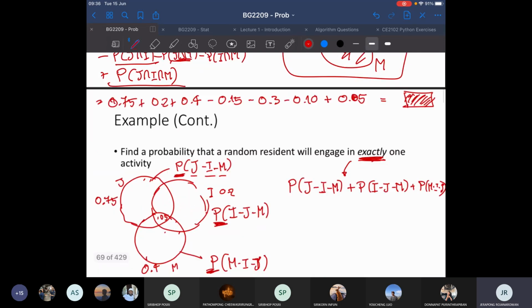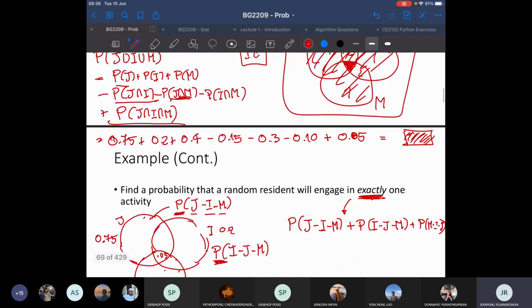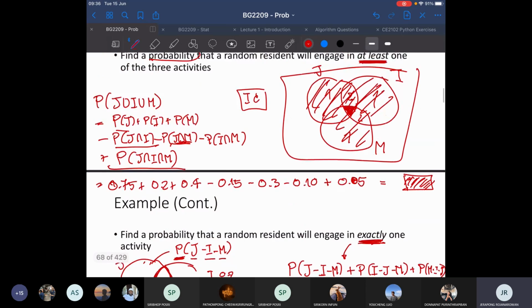Okay, inside out. And then they say J and I is 0.15, right? 0.15 is J and I. This is 0.15. But you already have 0.05 here, so this is going to be 0.1. Okay? This is called working from inside out.